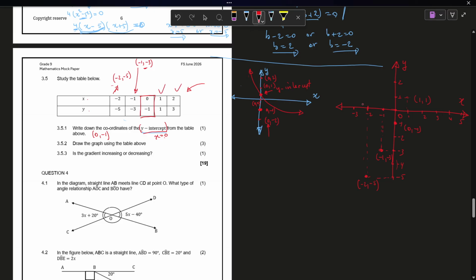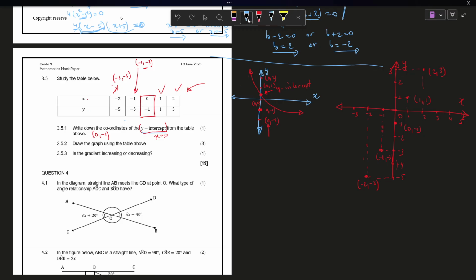Now the last one is 2, 3. 3 is right here. And 2. So this is the next point. Now we can see that those plots look aligned, right?